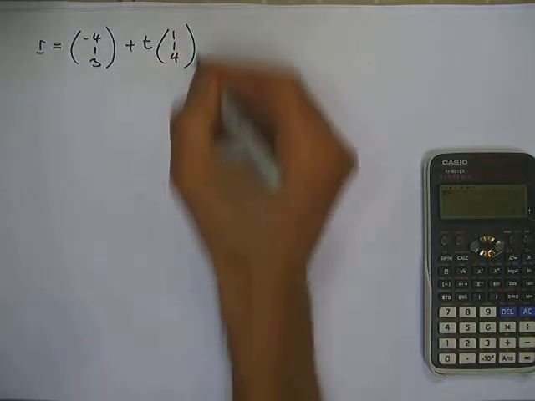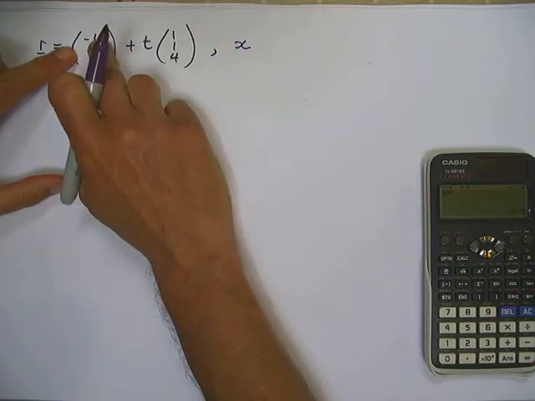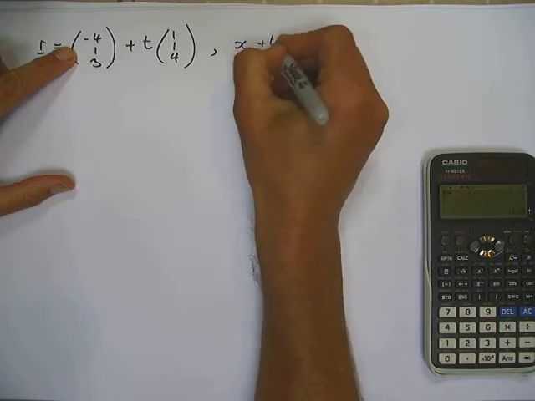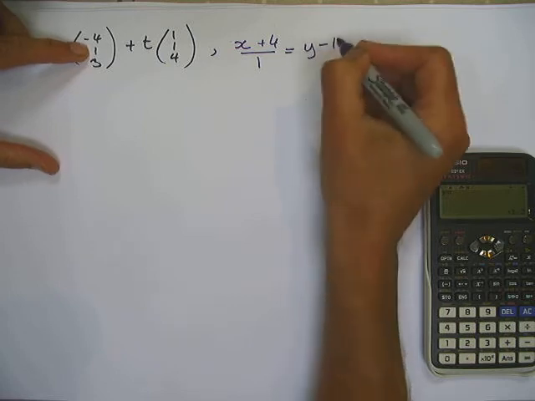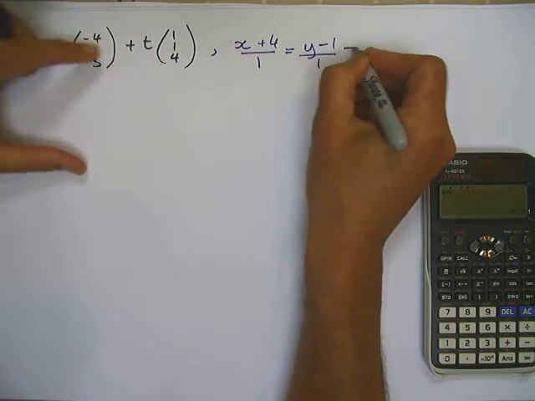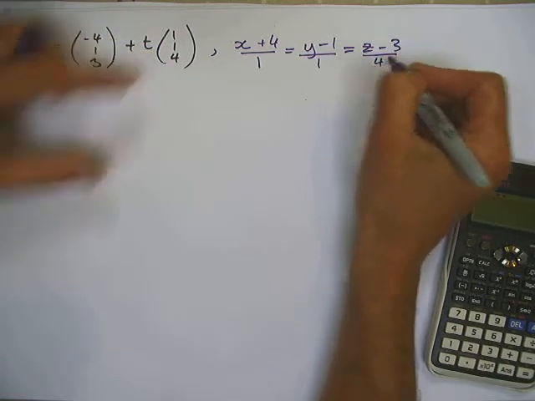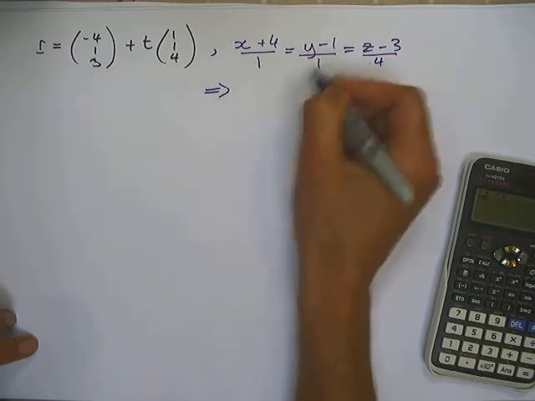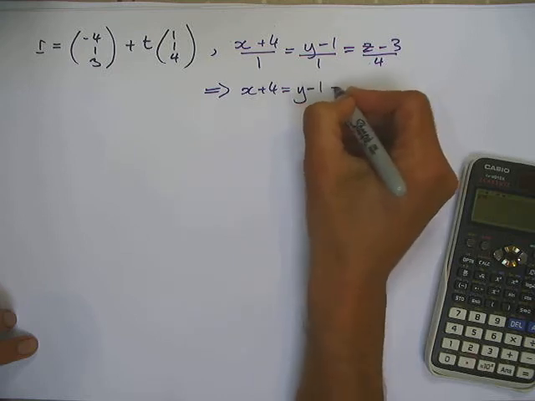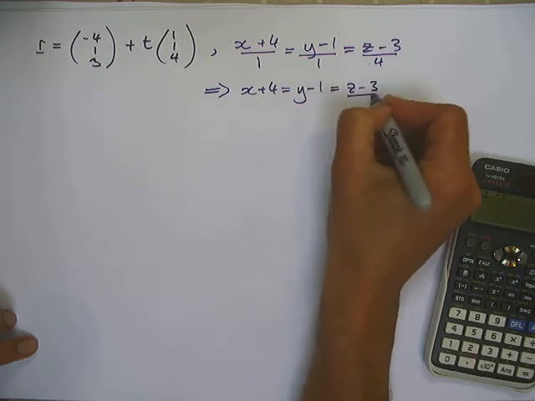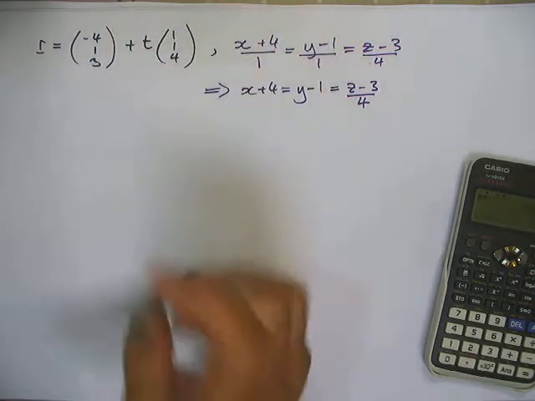The Cartesian form of that equation would be x, take that value, divided by that value, is equal to y, take that value, divided by that value, z, take that value, divided by that value. Or, we don't have to divide, the right is divide by 1. The Cartesian form of that line would be this. Okay?